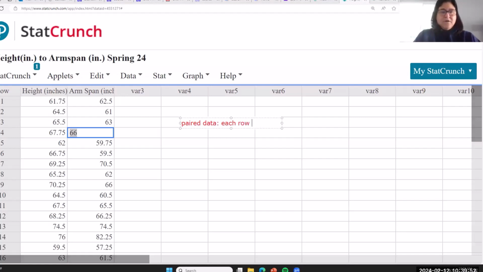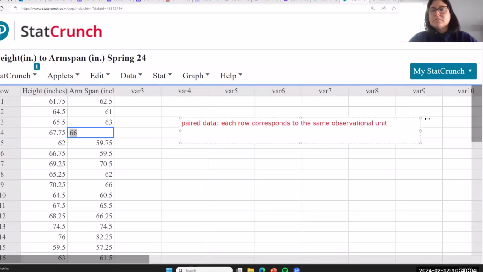Each row corresponds to the same observational unit. And you want to be careful with paired data that you never want to reorder the data unless you reorder it together, because we always want the 61.75 here to be matched with the 62.5.